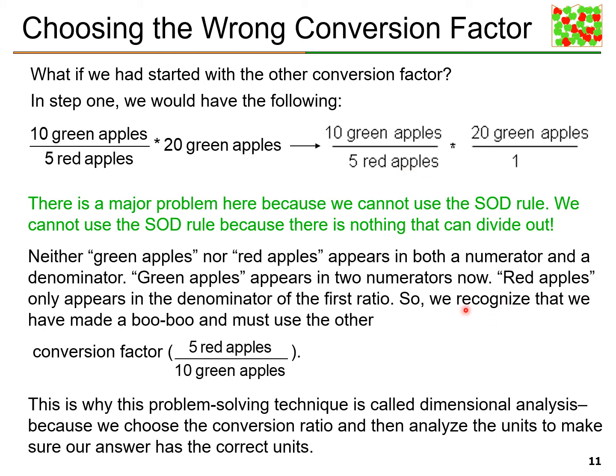So we recognize we have made a boo-boo and must use the other conversion factor. 5 red apples in the numerator and 10 green apples in the denominator. This will not work. That's a boo-boo.